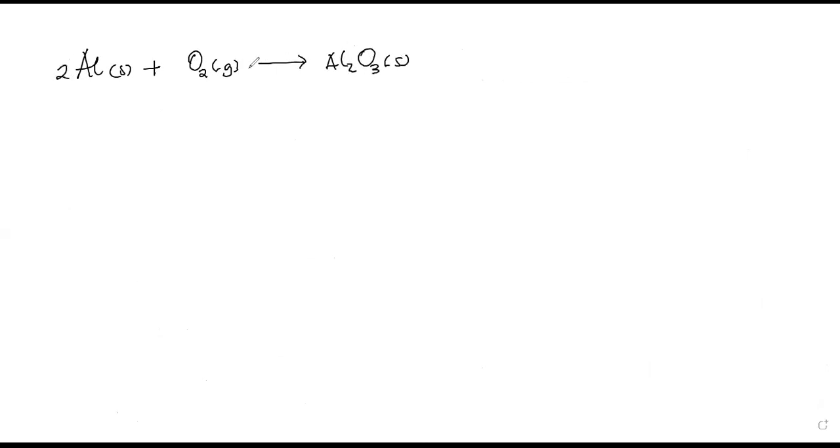Then for the nitride, we have aluminium plus nitrogen forming aluminium nitride. That is for nitrogen. Then strongly heated silicon.